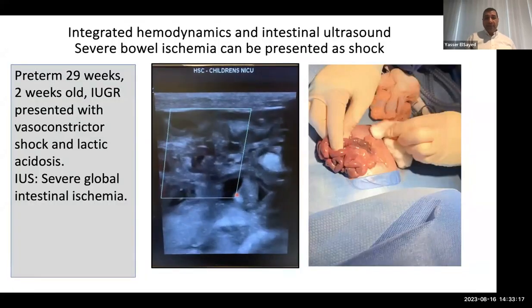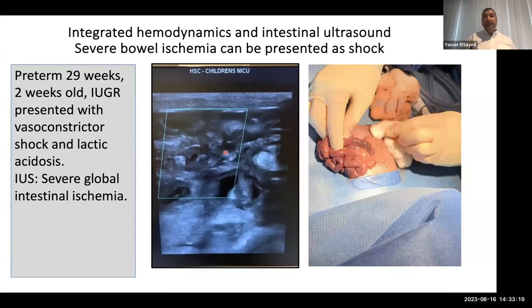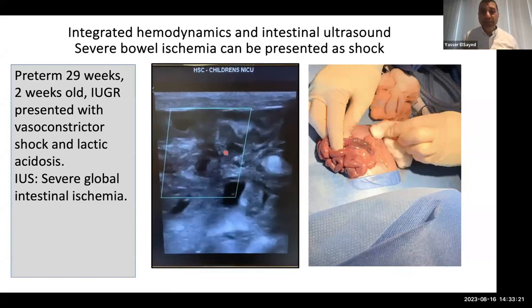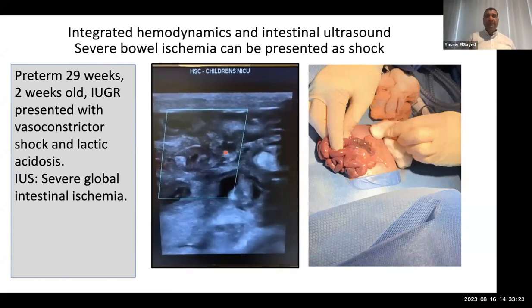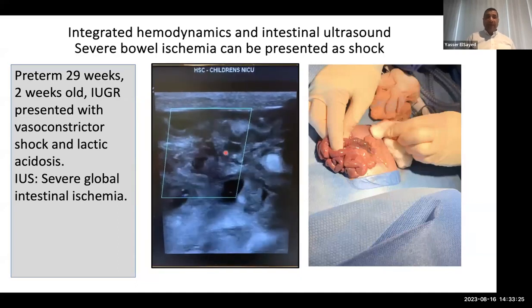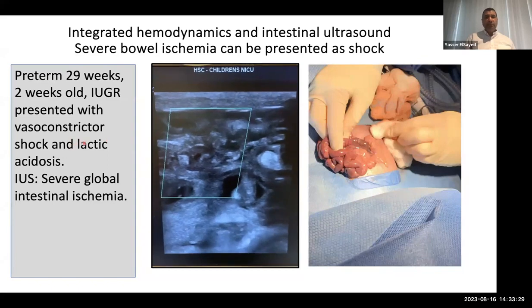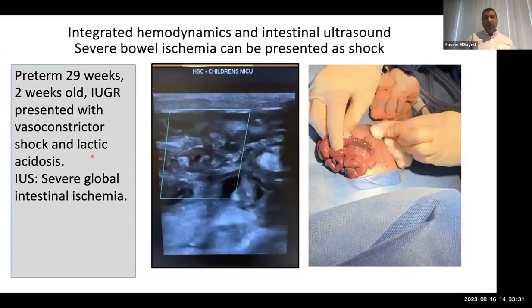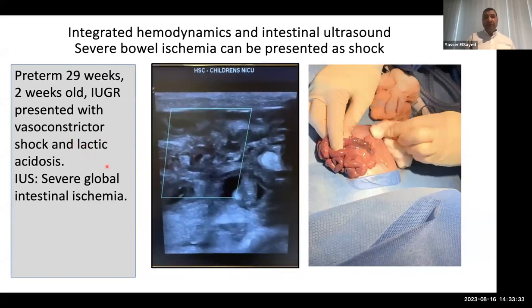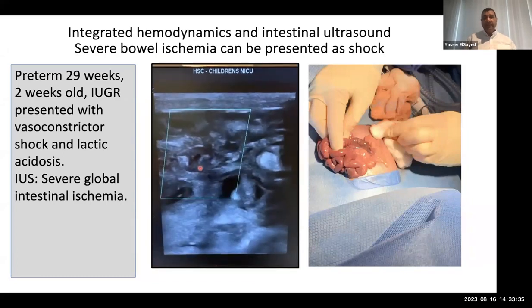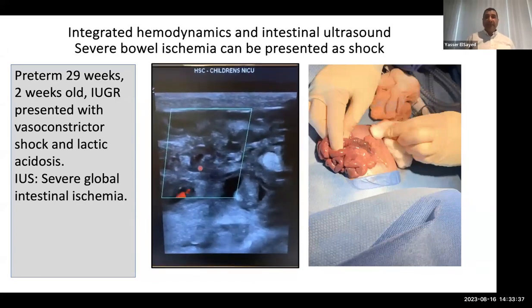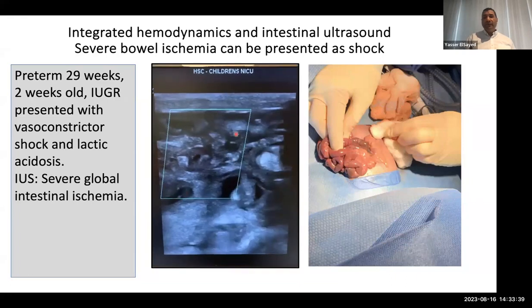In this case, I'm just showing how to integrate hemodynamics with intestinal ultrasound in severe bowel ischemia. In this case, we have a 29-weeker, 2 weeks old, who presented with vasoconstrictor physiology or vasoconstrictor shock, and lactic acidosis. But when we did intestinal ultrasound as part of our assessment, the entire intestine was globally ischemic.